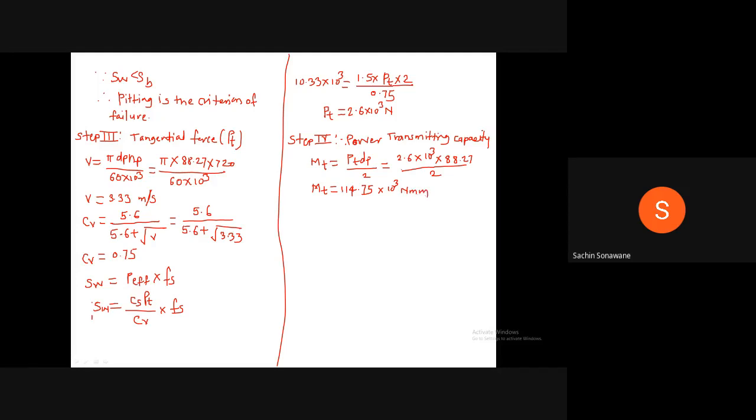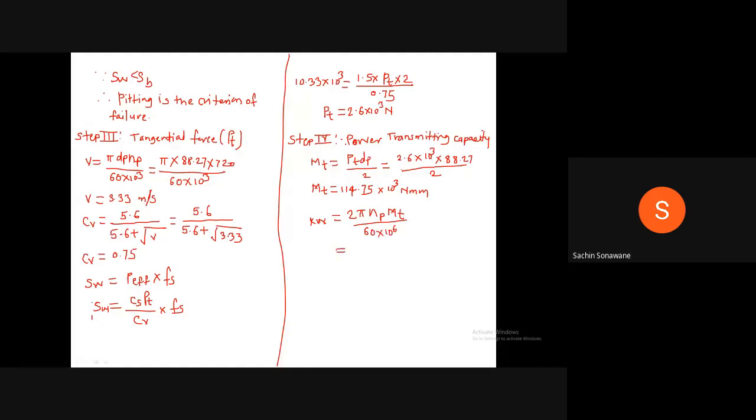Now, once you calculate torque transmitted, calculate power. Therefore, kilowatt is equal to 2 pi into Np into MT upon 60 into 10 raised to 6.